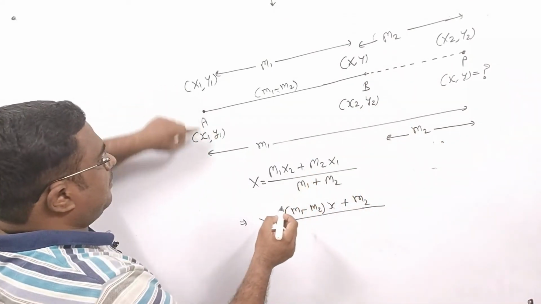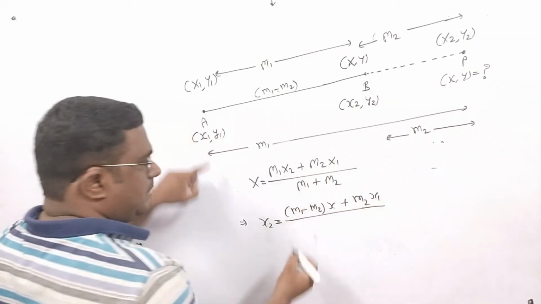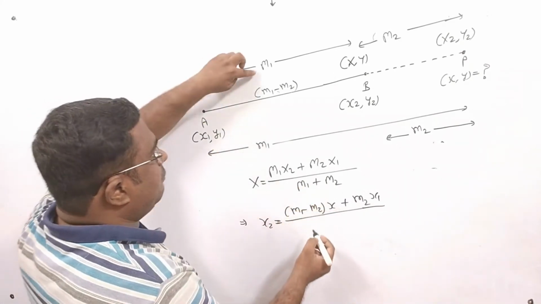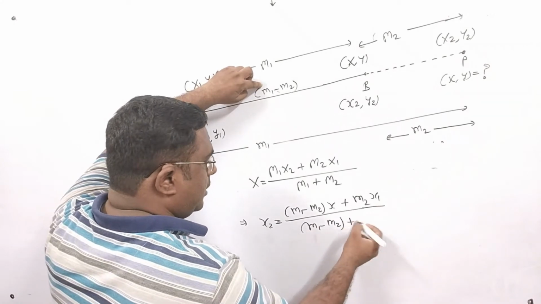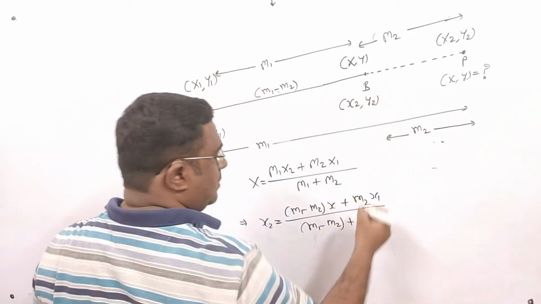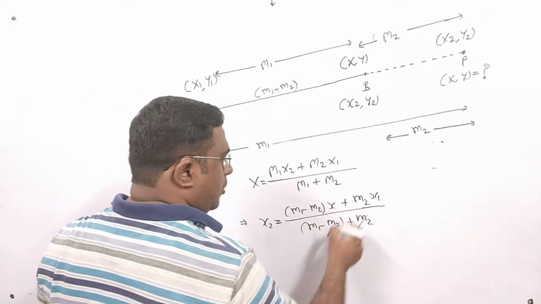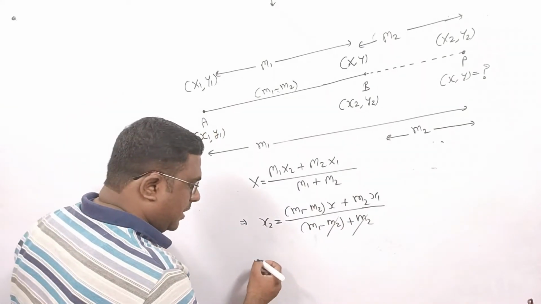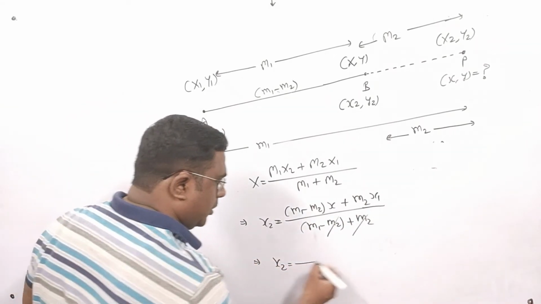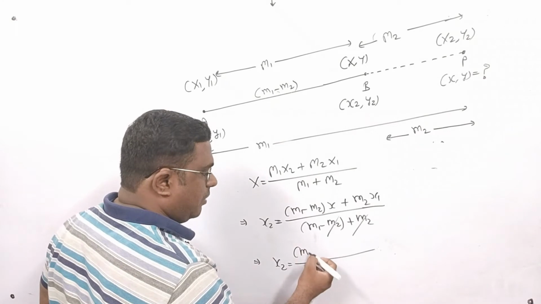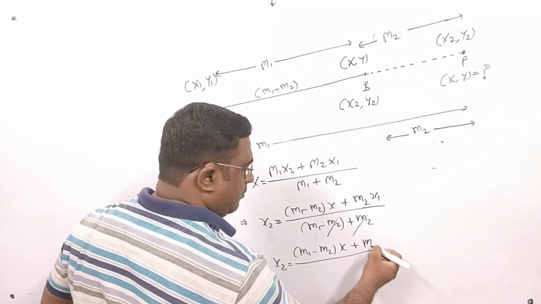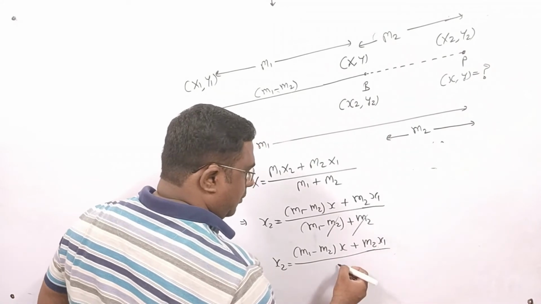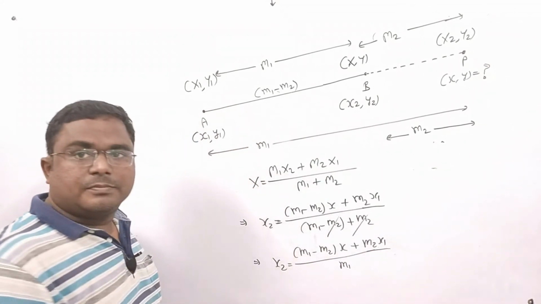Capital X1 is small x1. Again, capital M1 is m1 minus m2, and capital M2 is small m2. M2 cancels out. So x2 is equal to ((m1 minus m2) x plus m2 x1) upon m1.